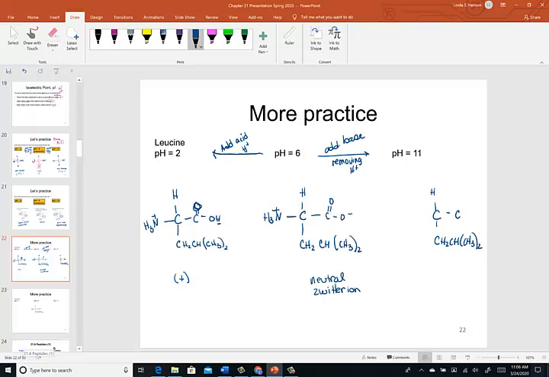Let me just draw that like I did over here. That's a deprotonated acid, and the base is now deprotonated to simply be NH2 instead of NH3+. And now all of a sudden we see that our net charge is -1 in a basic range.